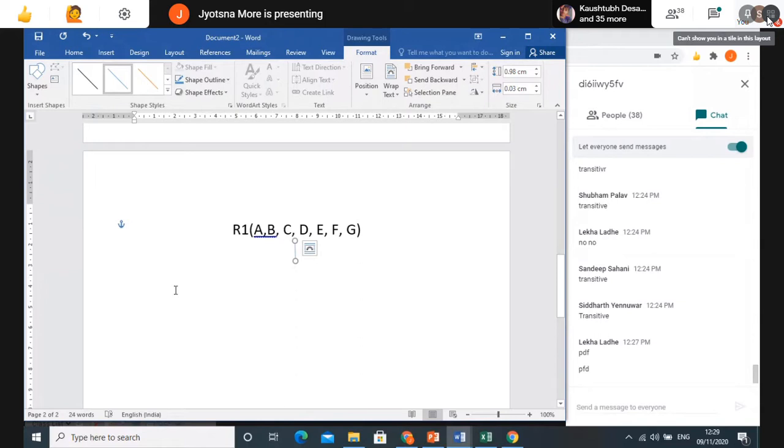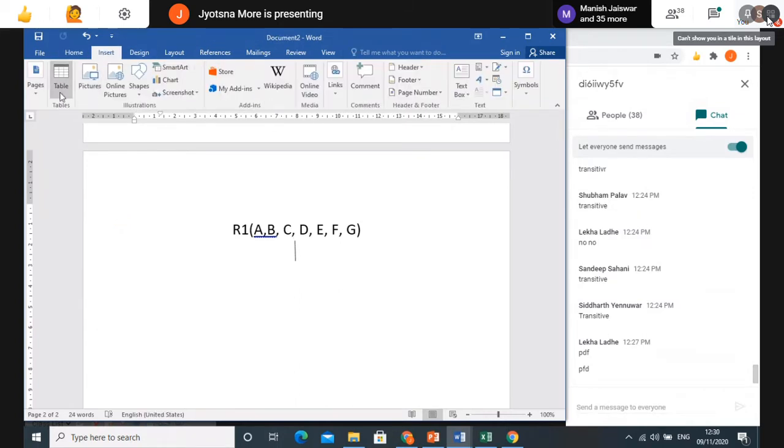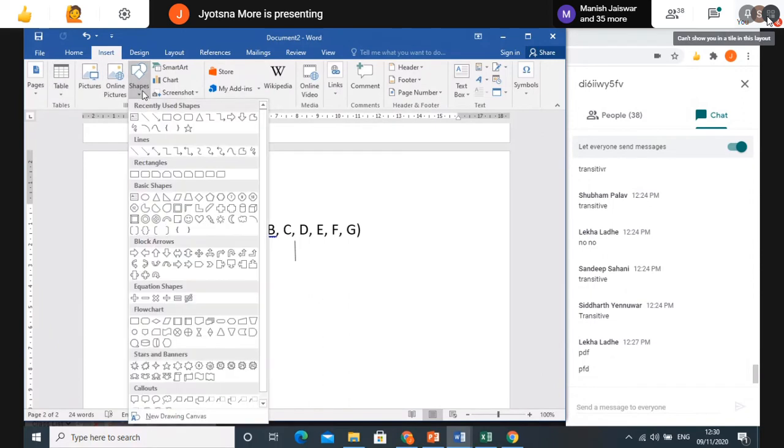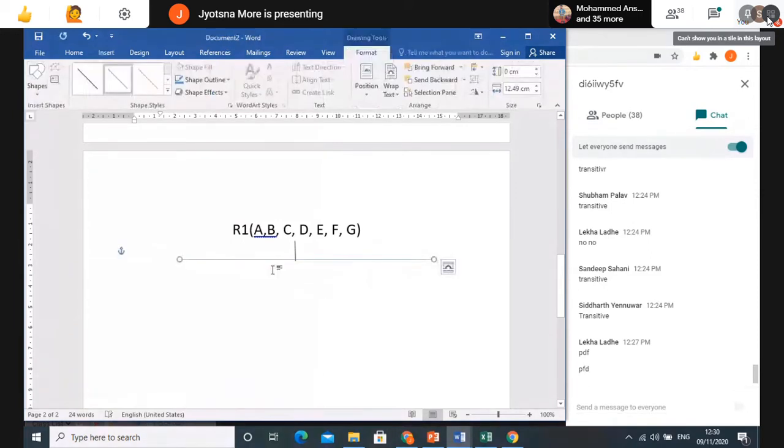Therefore, next line, divide R1 into R2 and R3.